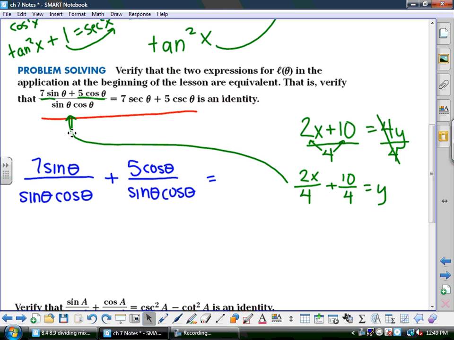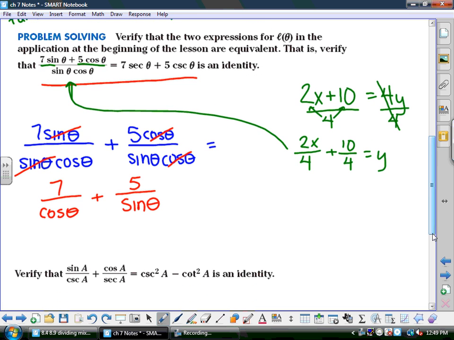And once we have it split up into 2 separate fractions like that, a lot of stuff is going to go away. In the first part, the sines go away, and we're left with 7 divided by cosine. In the second one, the cosines cancel out, and we're left with 5 divided by sine, which seems to be pretty much as far as we can go.